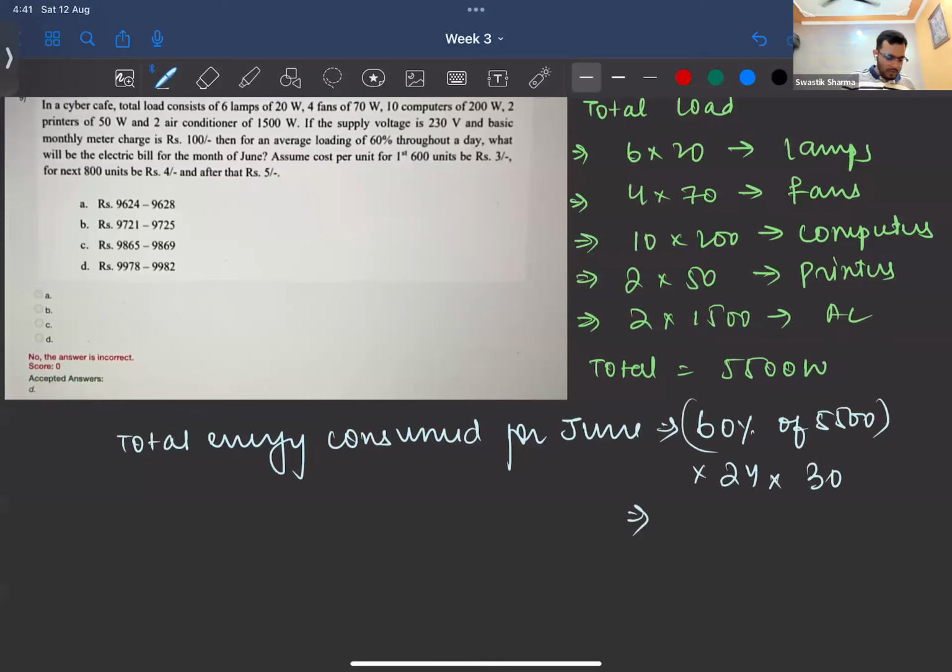So this comes out to be, so are you calculating? Just a second. Is this 5500? 2376. Oh, yeah. So how much are you getting in kWh? Can you tell me?